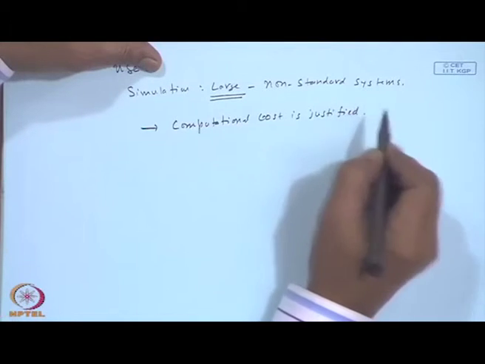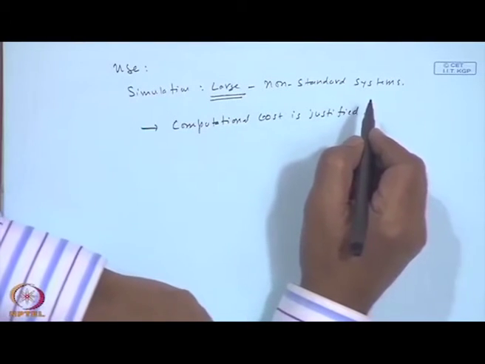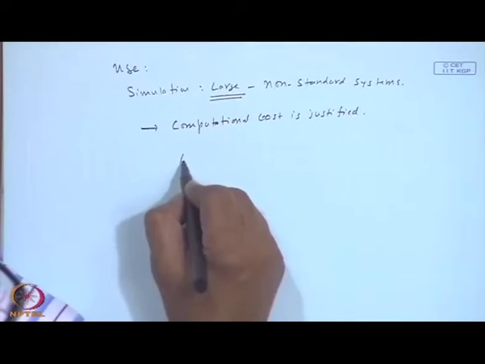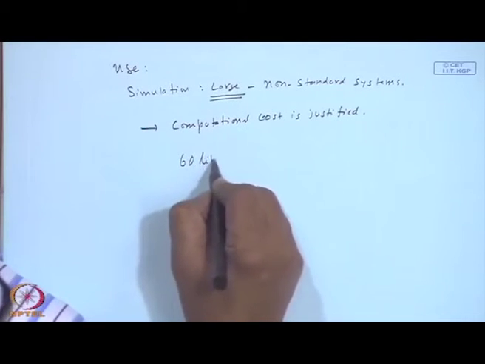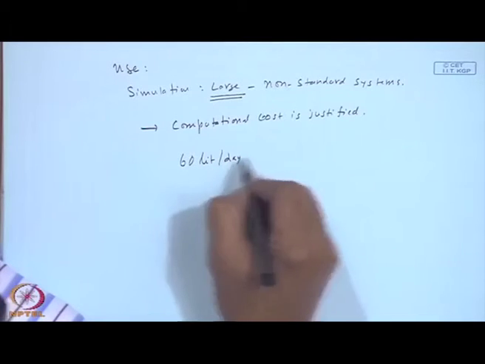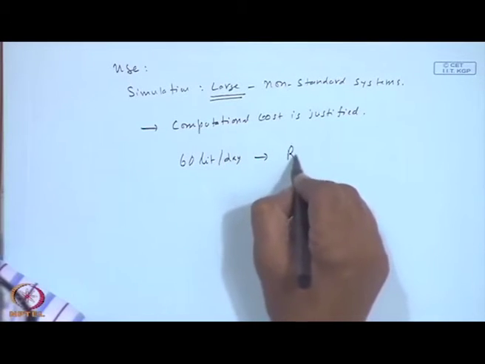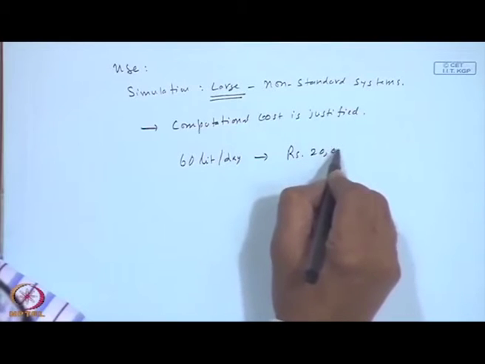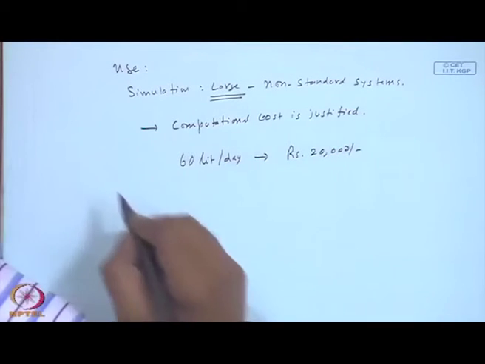So, we should also understand, even though the cost of simulation is a fraction of the experimental cost, the cost of simulation can be significant if you are talking about a small scale system. For example, a domestic water heating system supplying about 60 liters a day may be approximately Rs 20,000.